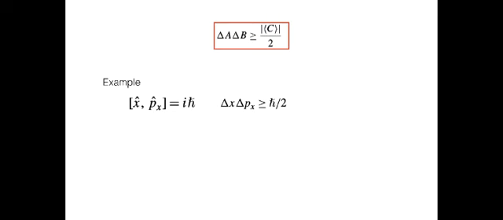I cannot resist showing you the other example that everybody knows about. If you take the two operators of position and momentum, we can also show that [x, px] equals i h bar. So there is a commutation relation. They do not commute, so the position and the momentum do not commute. And on the right-hand side I actually have an operator that's proportional to the identity operator.